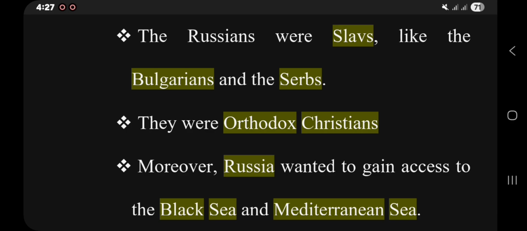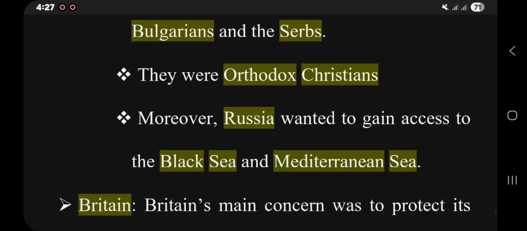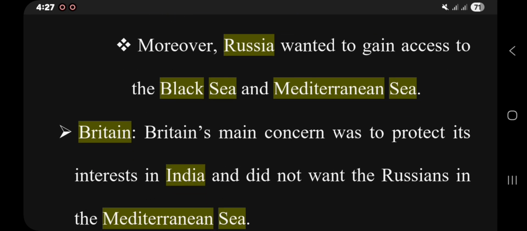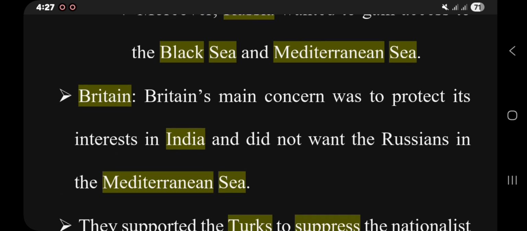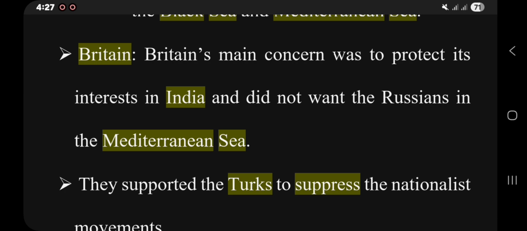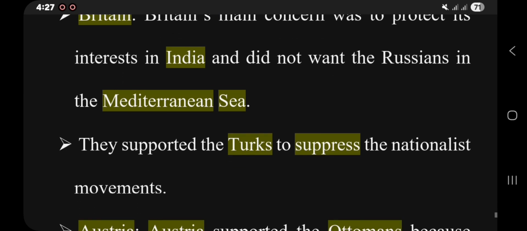They were Orthodox Christians. Moreover, Russia wanted to gain access to the Black Sea and the Mediterranean Sea.